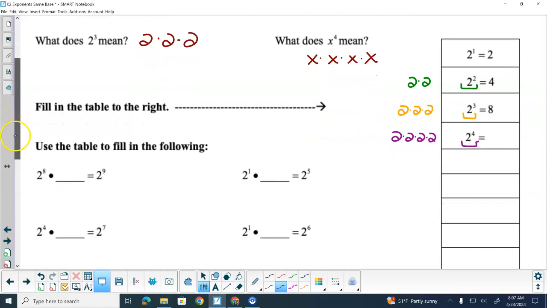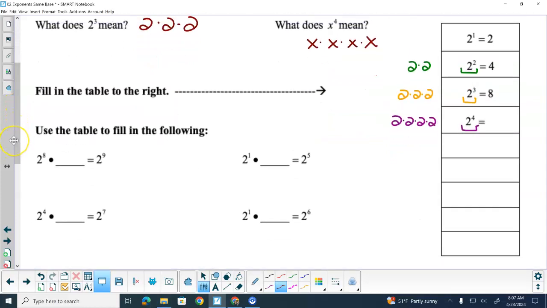So 2 to the first power is 2. We got that. 2 squared is 4. 2 times 2. 2 cubed is 8. 2 times 2 times 2. Okay. What is 2 to the fourth power? 16, because 2 times 2 is 4, times 2 is 8, times 2 is 16.